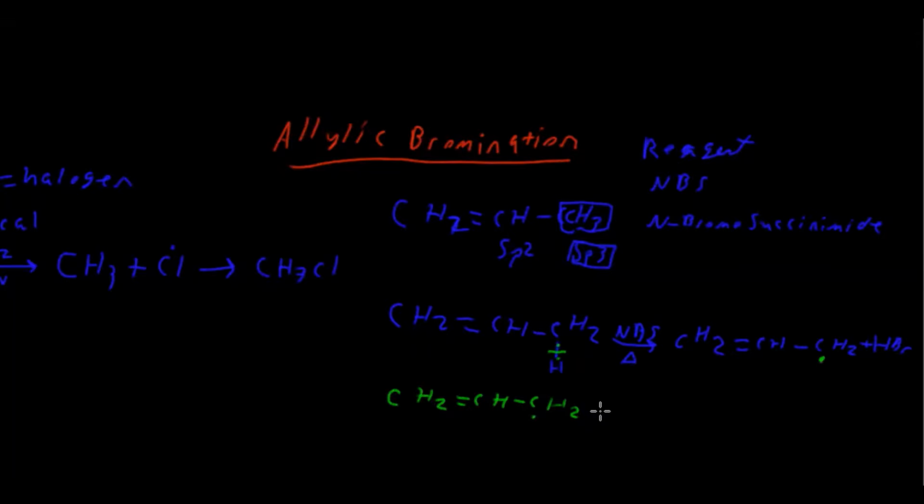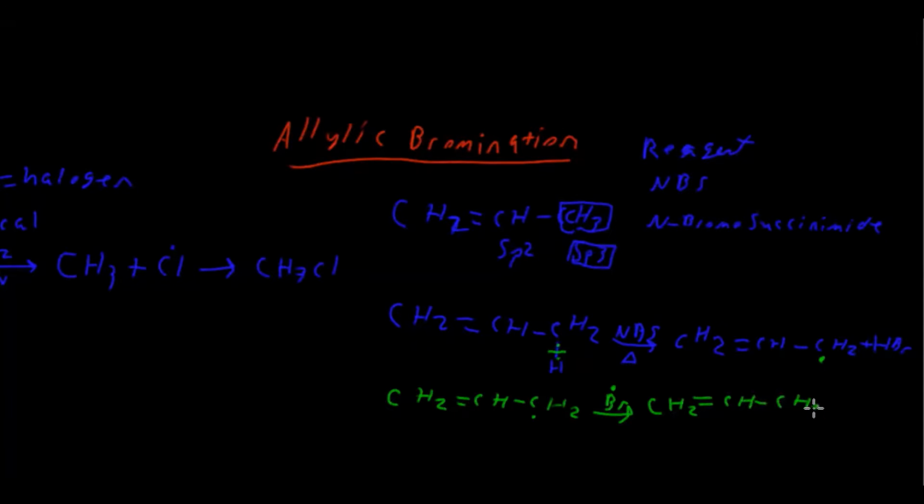So now what we have to do is really simple: we just react it with a bromine that also has a free radical. And it's pretty easy to guess what's going to happen. The free radical electrons from the carbon and the bromine are just going to combine together to make a bond.